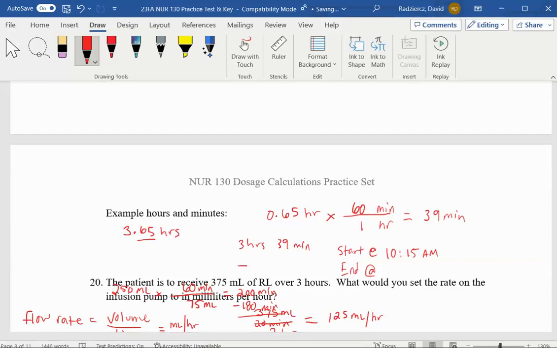This is a challenging one. We'll see how well your clock skills are. So take a minute and come up with an answer, and put it into the chat. If you just don't know, put a question mark. That's perfectly fine, and I'll show you what to do.